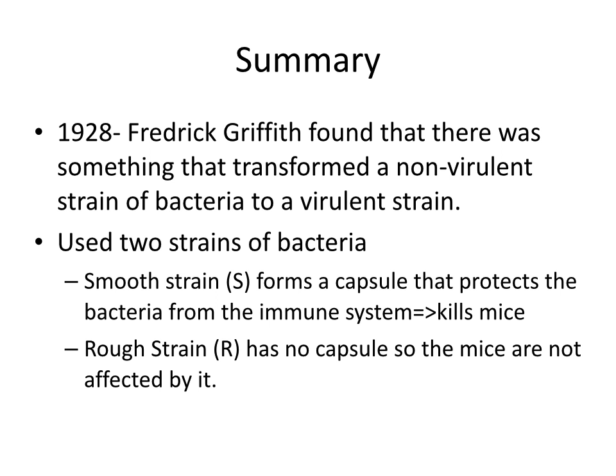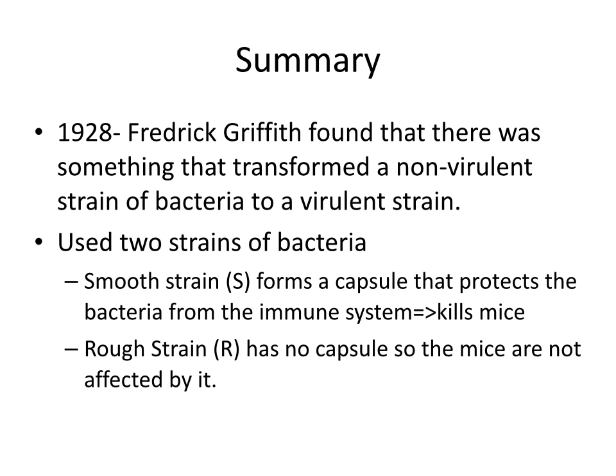So in summary, in 1928, Frederick Griffith used 2 strains of bacteria to study how a factor or a trait could be transferred from one species to another, or from one strain of bacteria to another.